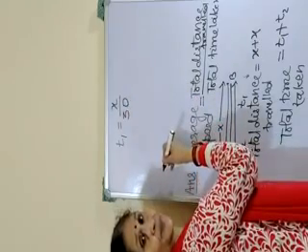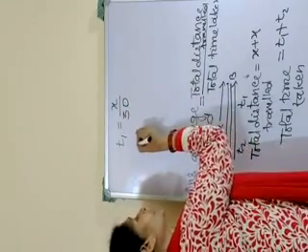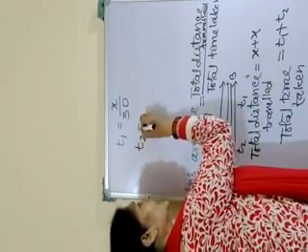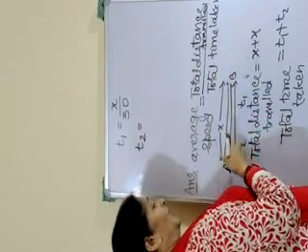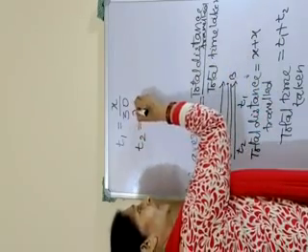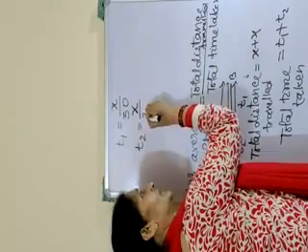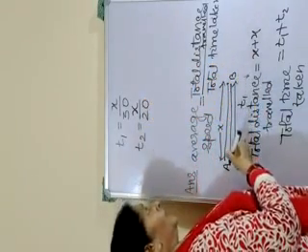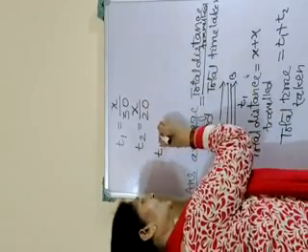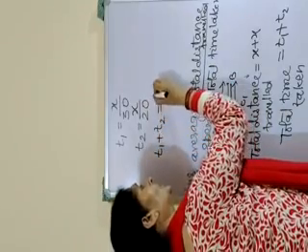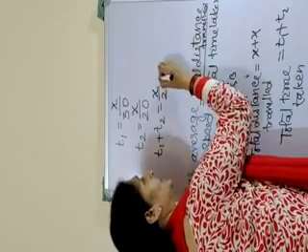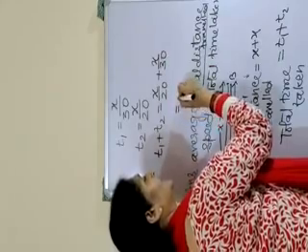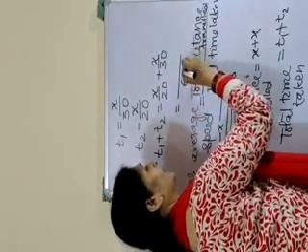And the time T2 is returning back from B to A. Then it will be x by 20. 20 is the average speed between B to A. Now T1 plus T2 is equal to x by 20 plus x by 30. LCM will be 60, 3x plus 2x.